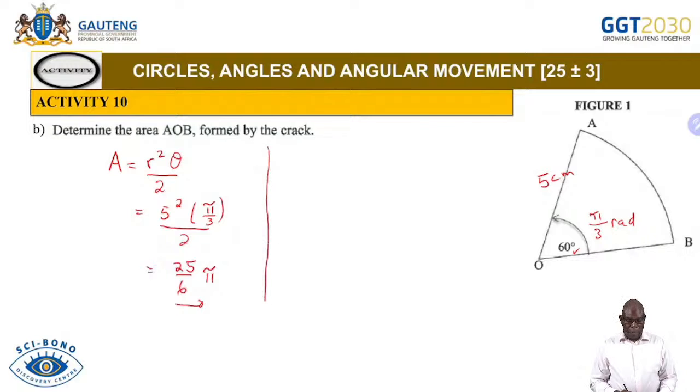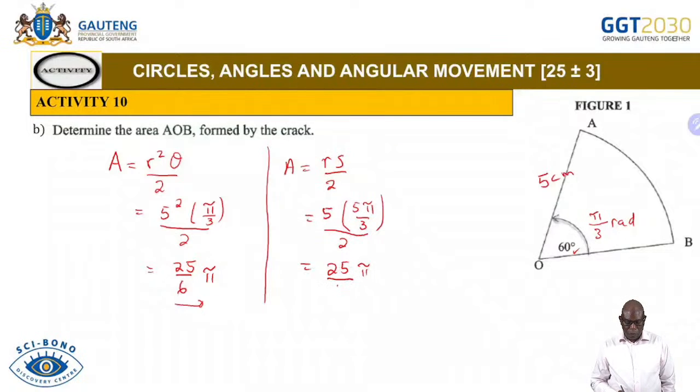If I want to be smart and use RS over 2, copy the formula correctly, which means my R is 5, but my S that I got was 5 pi over 3, divided by 2. So my answer will still be the same, 25 pi all over 6.